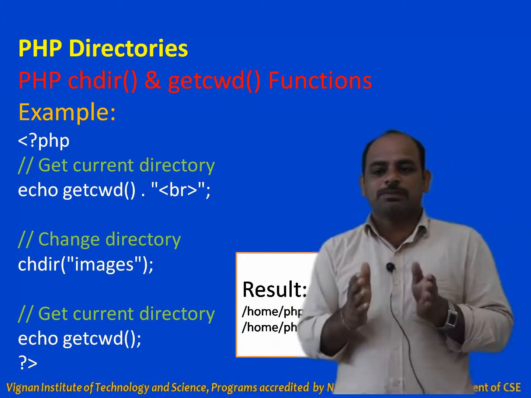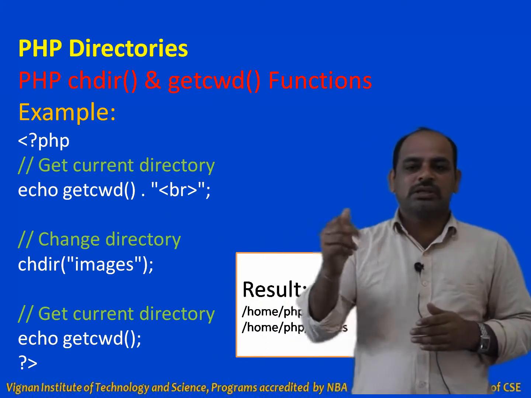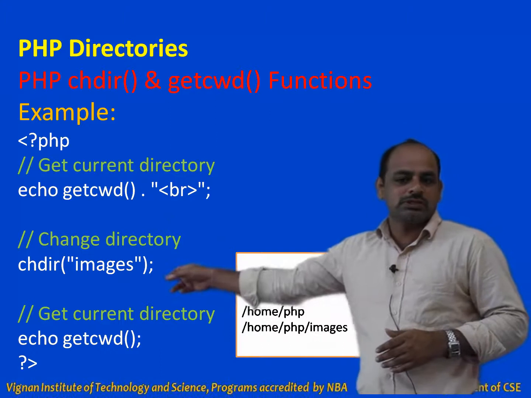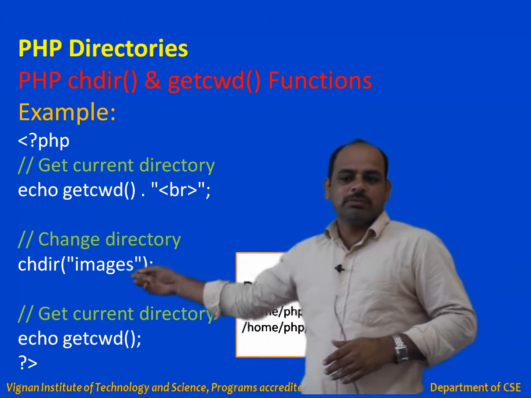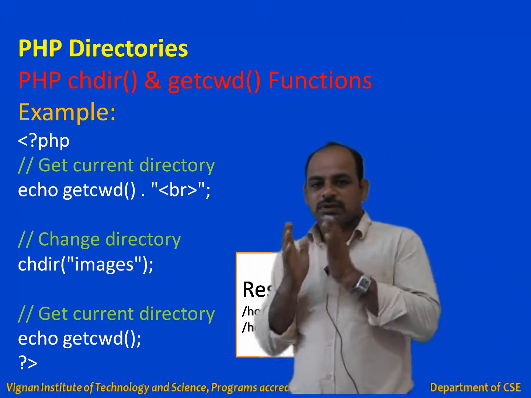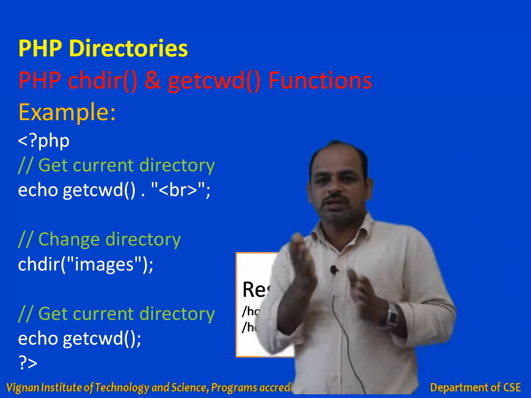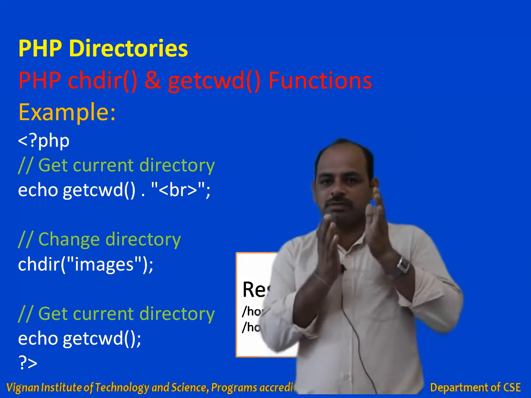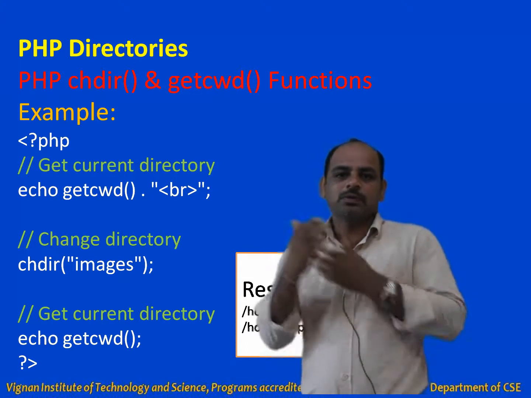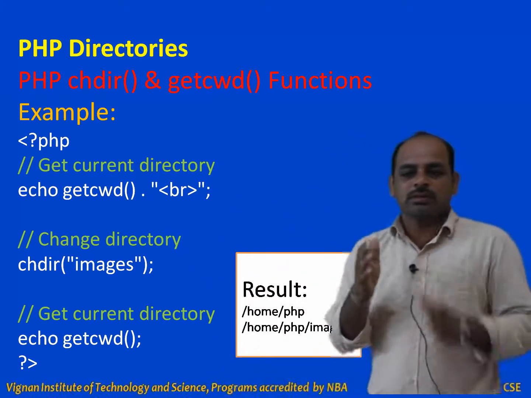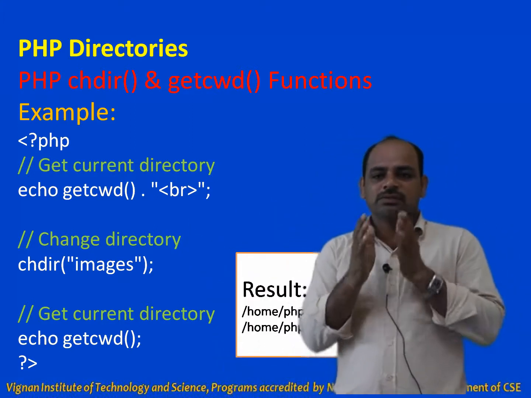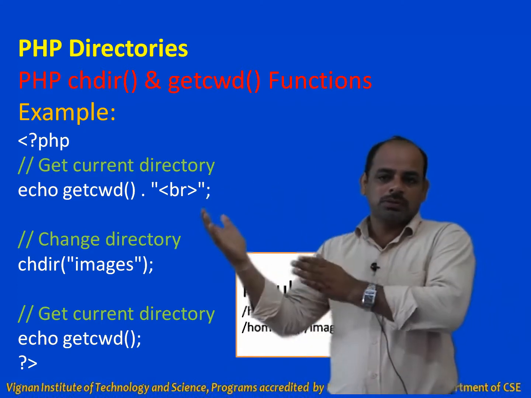Next, if you want to change from PHP to another directory, use the chdir function. You can see the chdir function here. I'm using images, which is a new folder created in PHP. I want to change the working directory from PHP to images, so the chdir function will change us from PHP to the images directory.